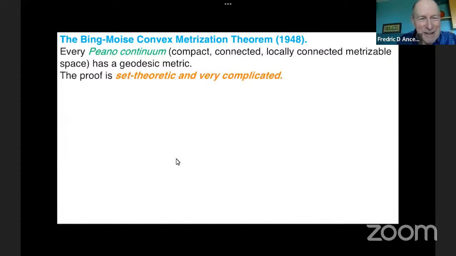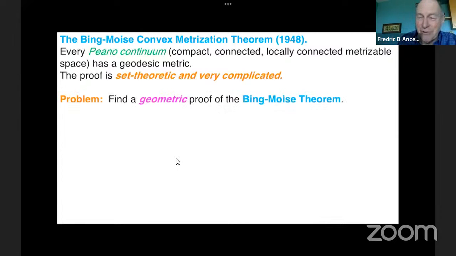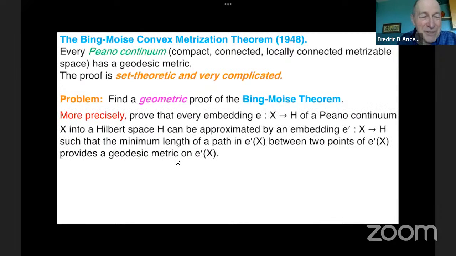And so here's a problem I'm throwing out there: find a geometric proof of this theorem. I think it would be helpful. And here's a more precise way of formulating this.